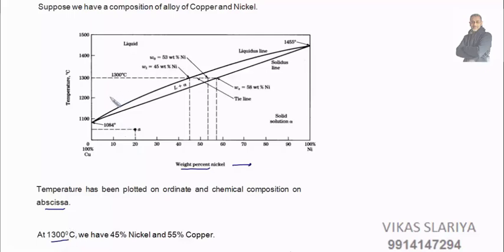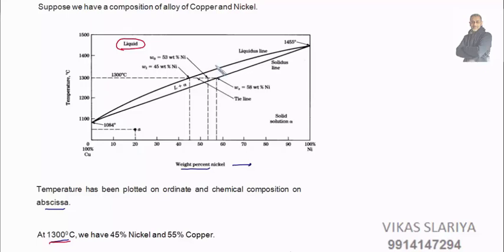I'm giving you an example. At 1300 degrees Celsius, we have 45% nickel and 55% copper. At which point? At this point, when the combination is liquid, we will have 45% nickel and 55% copper.